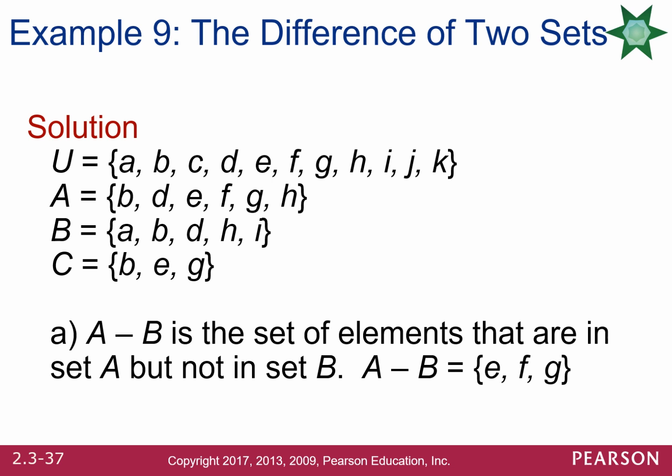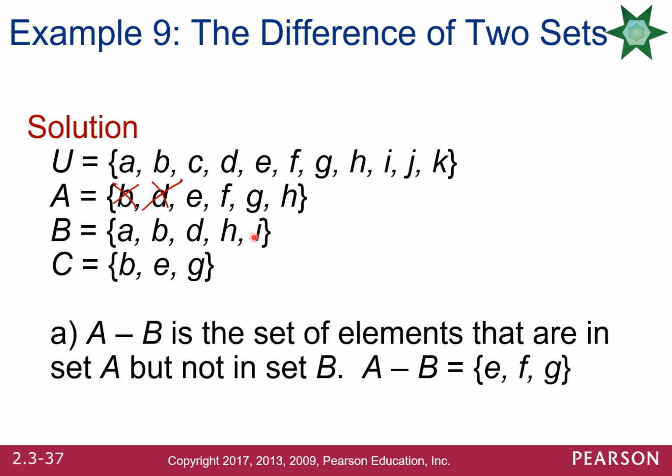The first element is a B. Now B exists in set B, so I'm going to cross out the B from set A. Then D, right, D in set A also exists in set B, so we are going to cross that out. All right, that will not be in the new set of difference. Then E does not exist in set B, so we are good with that. F does not exist in set B.